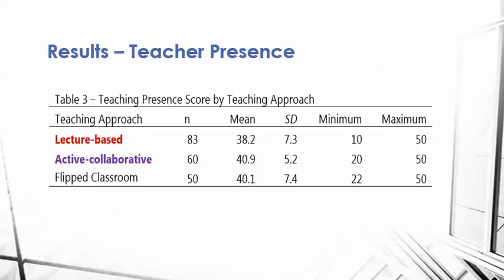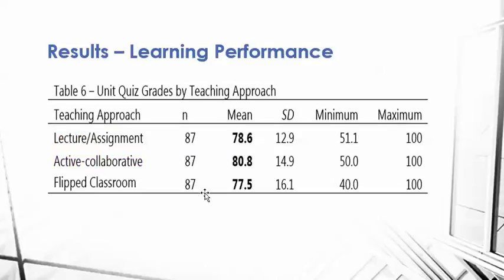And this is based on Likert scales that were developed to assess each of the presences. In terms of learning performance, post quizzes did not differ significantly among the lecture, active, and flipped classroom teaching strategies.